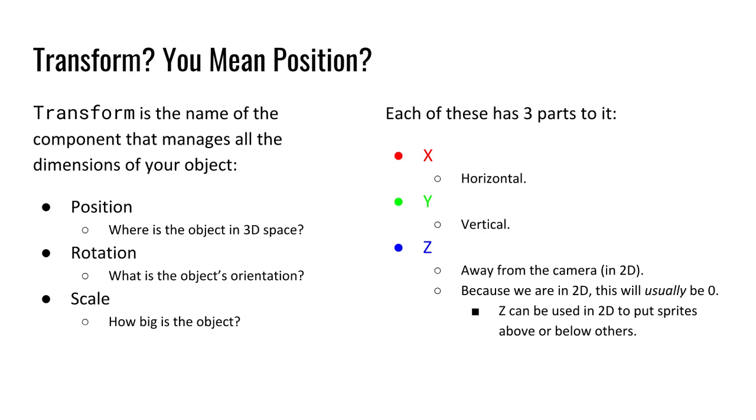For position, we don't use Z a lot in 2 dimensions, but we can use it for reordering sprites. So if you want one sprite in front of another sprite, it would have a lower Z. And if you want something behind something, it would have a higher Z. Does anyone have any questions on that?